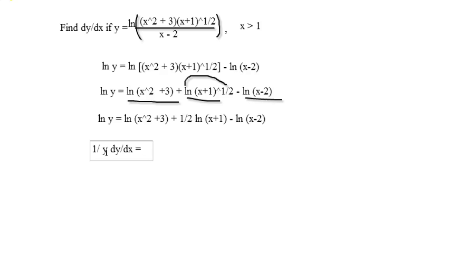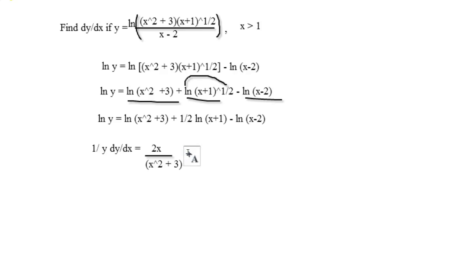And then this one is going to be 2x on top, and then on the bottom is going to be x squared plus 3. Let's put parentheses in front of that, because if you remember, that's the derivative of the natural log of x squared plus 3.